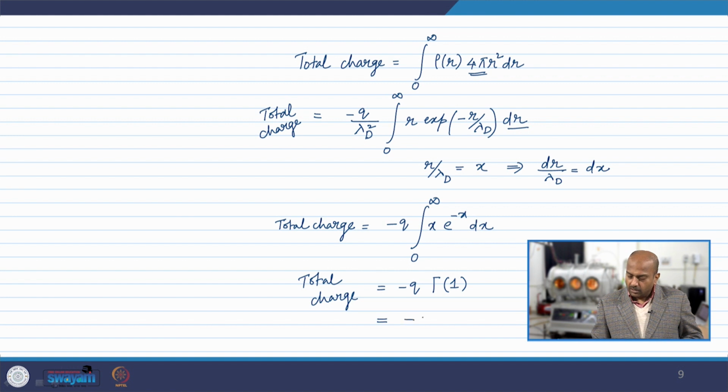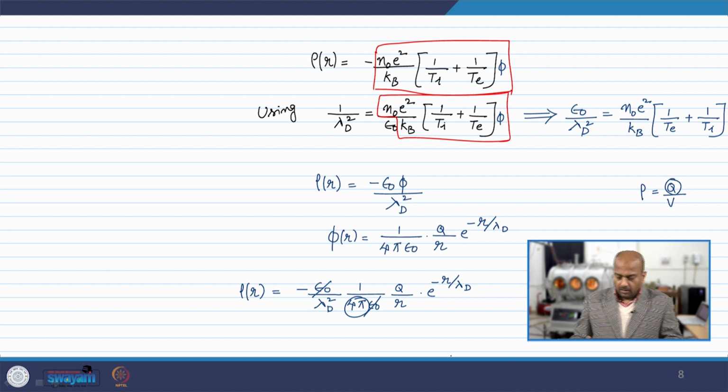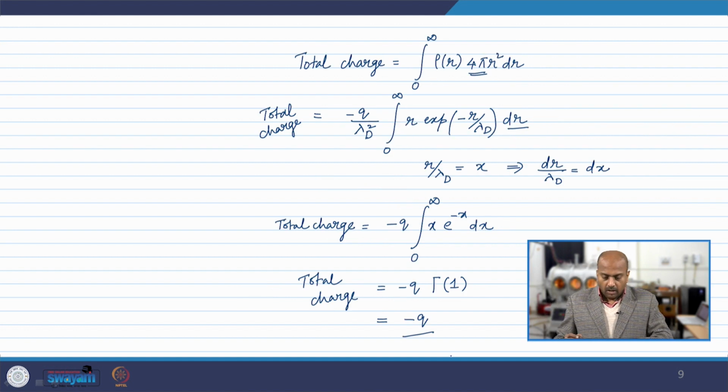So, the total charge is minus q, which means that for a positive test charge of magnitude plus q that you kept inside the plasma, the total effective charge that is trying to nullify this inside the Debye sphere is exactly opposite, right, minus q. Right. So, this is the proof for Debye shielding in a way, right.